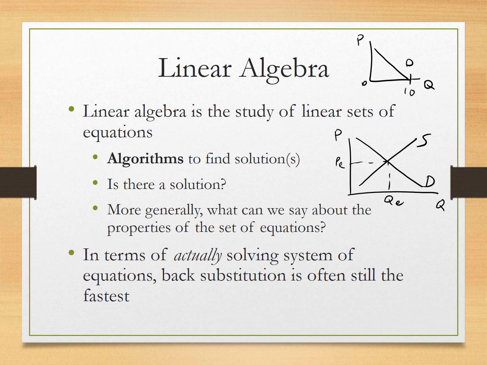The methods we're going to talk about in this course, they are systematic. They work when you have 2 equations. They also work when you have 200 equations. But they are not necessarily the best way to solve 2 equations because they are not quick, right? Back substitution is almost what you're going to use for most of the time.